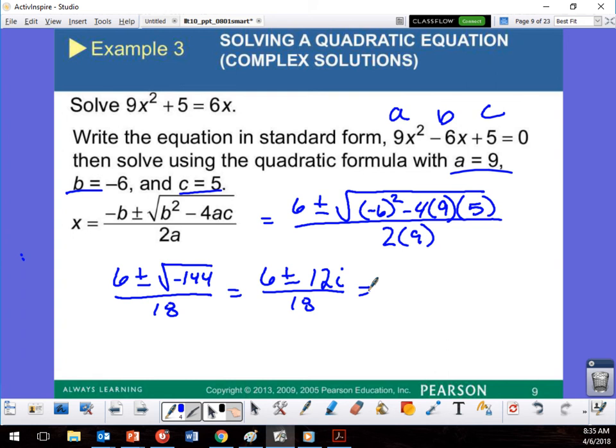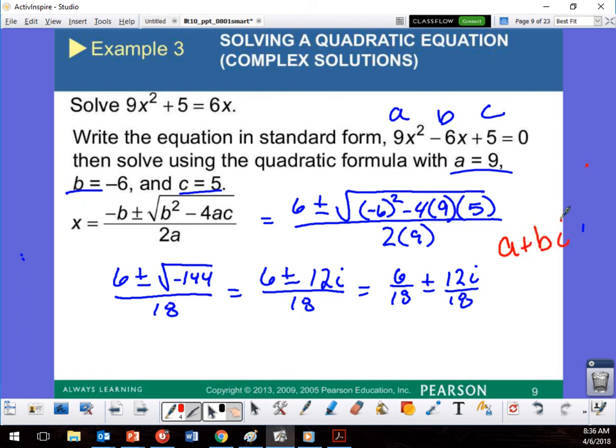If they're both over the same denominator, I could break that up. So this is going to change to 6 over 18 plus or minus 12i over 18. There's a reason why I should write it like this. It's mandatory to write my number in the form a plus bi.